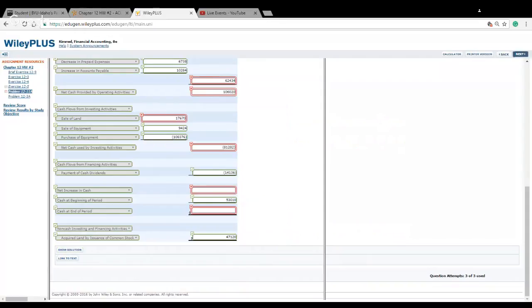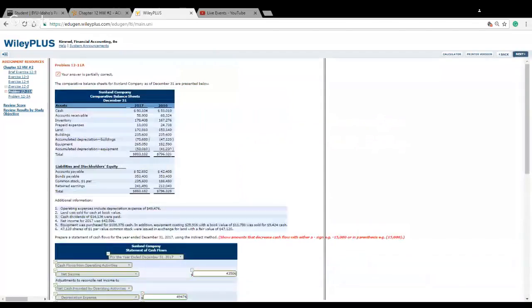And then the last thing at the bottom is the 47,120, which is what we're told here, that the shares of $1 par value common stock were issued in exchange for land for that amount, 47,120.